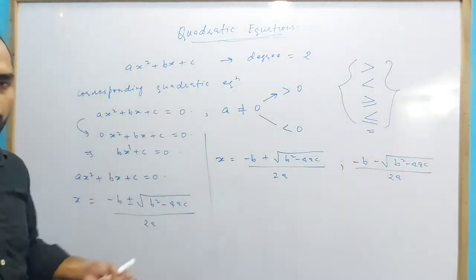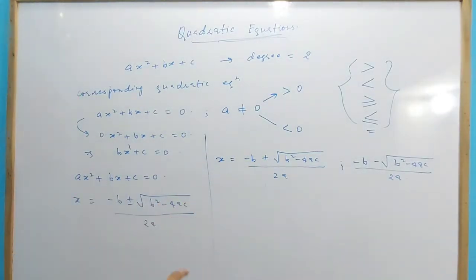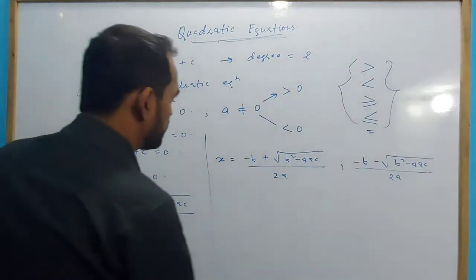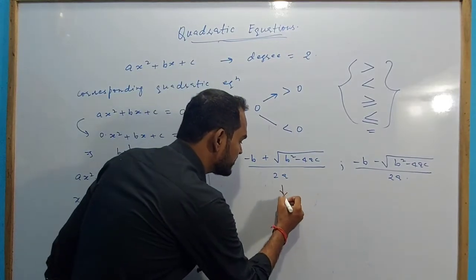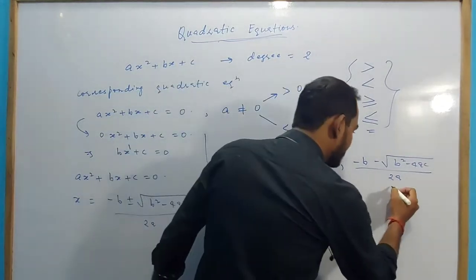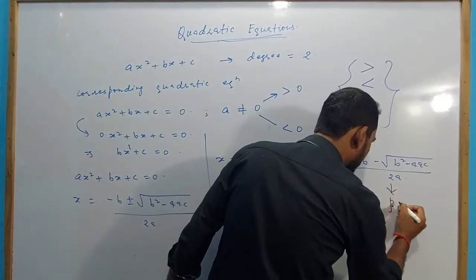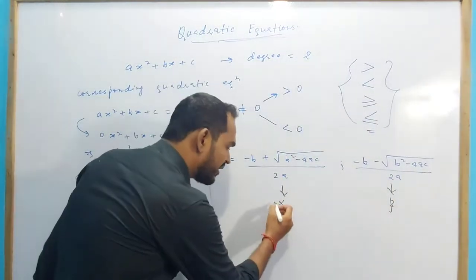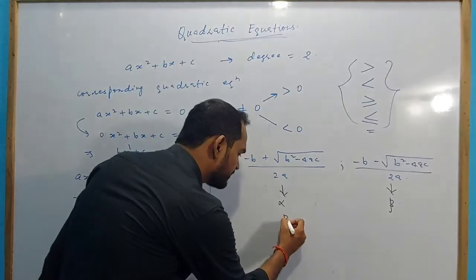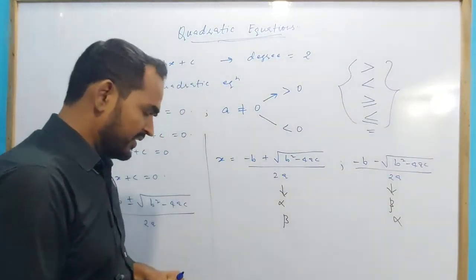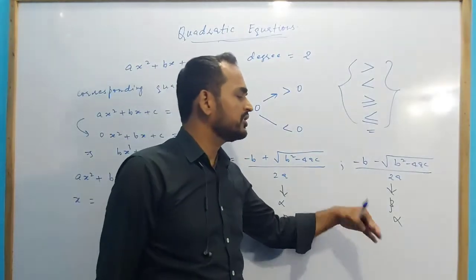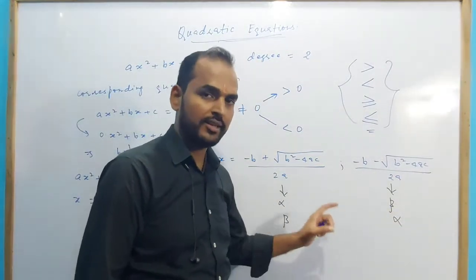Either of them is said to be alpha. Either of them you can say is alpha and the other is beta. You can assume beta also for it, then the other will be alpha. Listen, this is merely a symbol to represent the roots and nothing else.